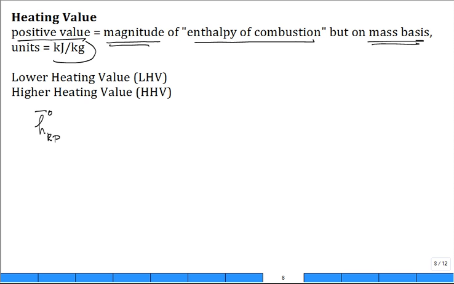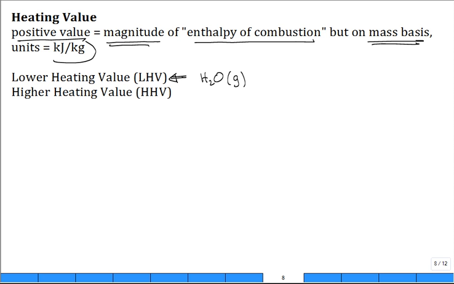Propane has a different heat release than methane, than acetylene. Okay? And you have two heating values. You have the lower heating value and the higher heating value. I'm going to talk about the lower heating value first. And the lower heating value is when H2O goes out as a gas, just like what we had.